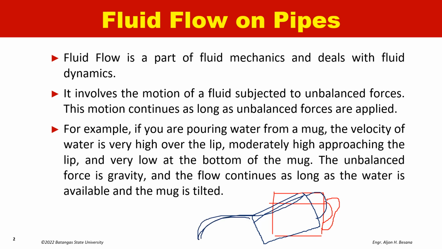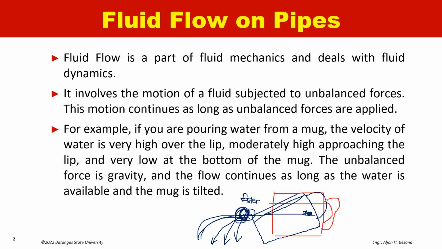Then the flow on this part is faster than the flow in this part because as it goes tilted, gravity pulls it faster, causing a faster velocity.